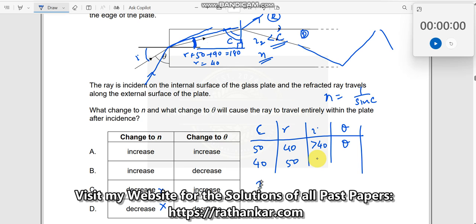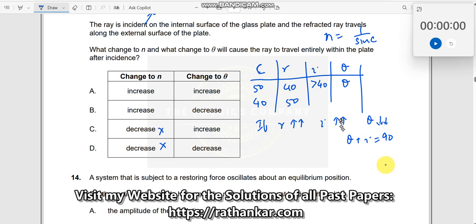Okay, now let me write like this. If r is increased, which also means that I is increased, because sin I is in the rarer medium. When I is increased, which means theta is reducing. Why is theta reducing? Because you see theta plus I is equal to 90 over here, right?